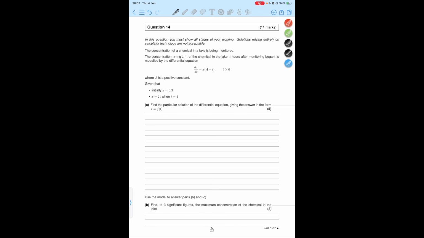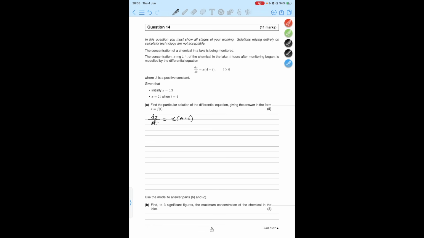Particular solution. I heard a lot of things about this, why is it saying the word particular solution? Because that's actually used a lot in further maths, in one of the chapters. I think people got thrown off a little bit by this, but let's work through this anyway. So dx by dt is equal to x times (a minus t).